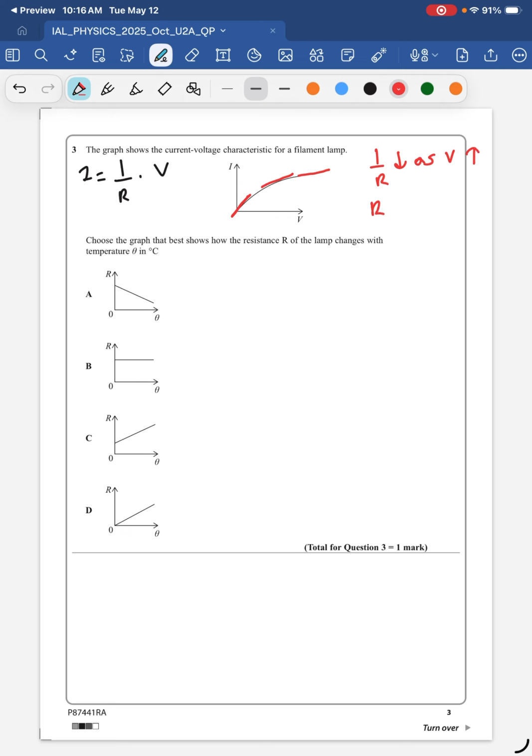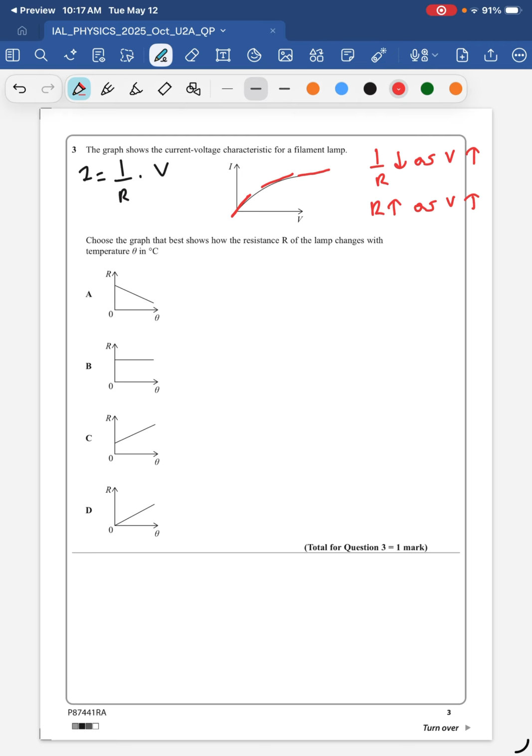Which means that actually R increases as V increases. But notice that as the voltage increases, the temperature in the filament lamp increases. So this tells us that the resistance actually increases with temperature.